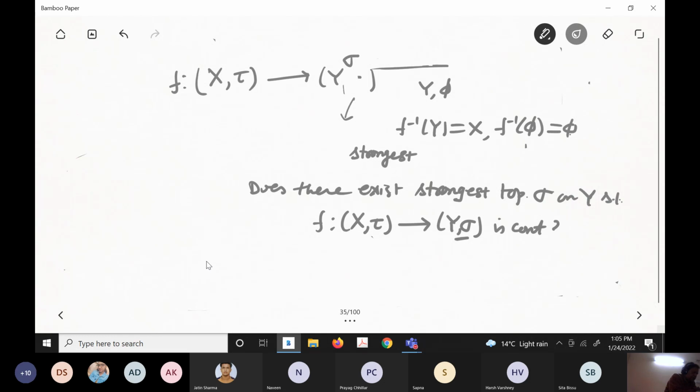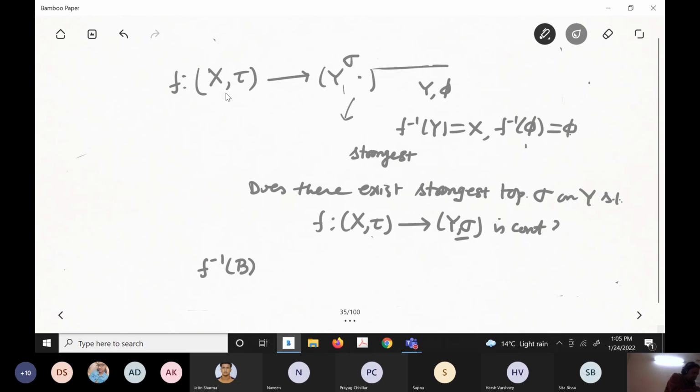that means I need this f inverse of B. Look, all I need to know is that this has to be here.